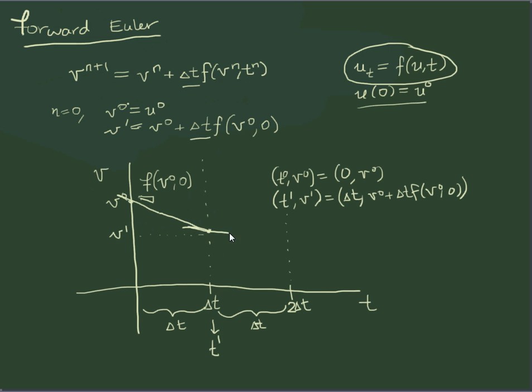So the slope here is f of v1 and t1. And now I just follow this slope all the way over to 2 delta t, and I end up at the next numerical point. This is v2. And this process continues as far as you like.